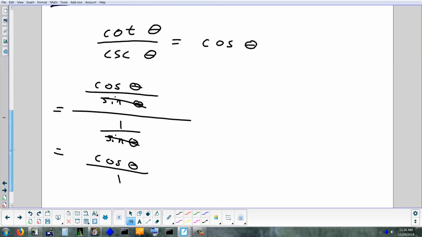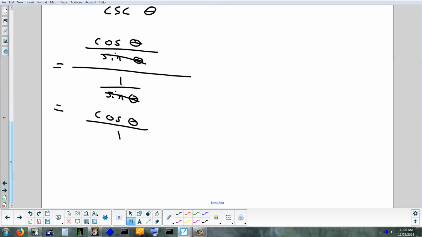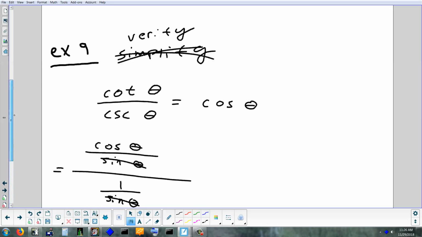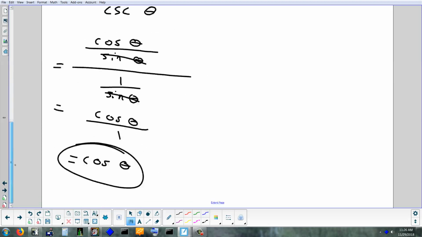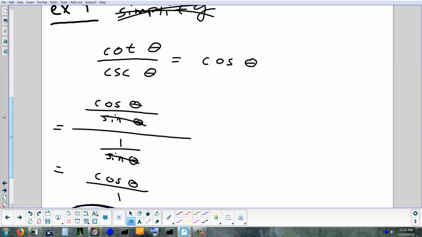I'm left with 1 in the bottom. And cosine divided by 1 is just what? Cosine. So what we've done is we verified that the left-hand side is cosine, and that's what we should have gotten. So again, verify a little nicer, because you know where to stop. Simplify, you don't. Any questions on that one?